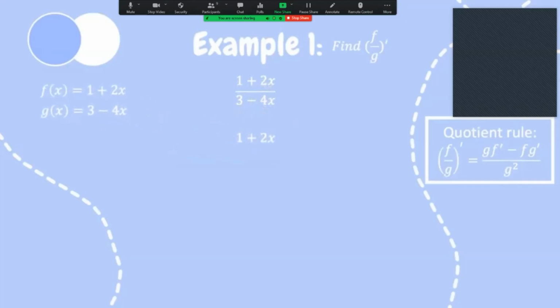So again, constants always go to 0, and anything with a first degree, only the constant will stay. It just becomes 2. Now the derivative of this: constants go to 0, and minus 4x, only the constant stays, so that's just minus 4.